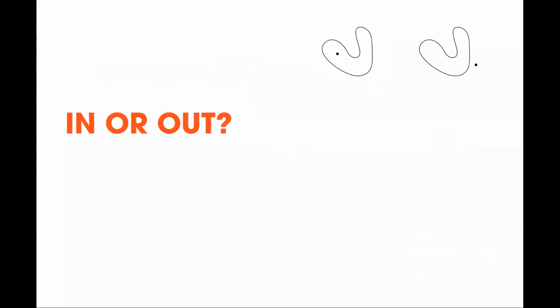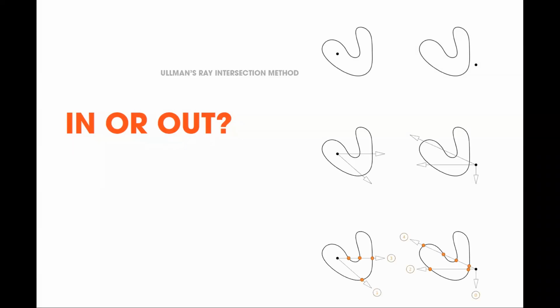So I'll start with a simple example that I love a lot and show a lot. If I ask you whether the point is inside or outside the closed curve, you can immediately tell, because it's human perception and you know the rules of being inside or outside. But if you need to describe this problem to the computer, then you need to use a technique.